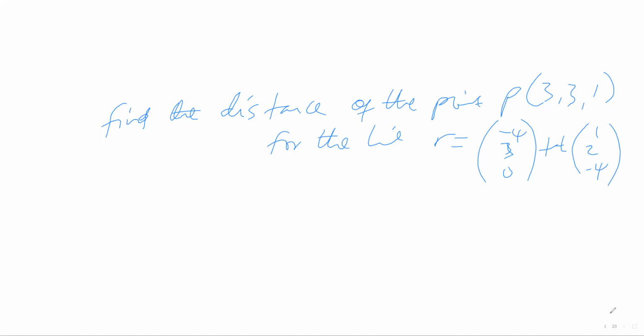Okay, so we have been given a point and a line. We can think of it like the way I did the sketch. This is 90 degrees. This is my Q. So the point P we are talking about is this, 3, 3, 1.